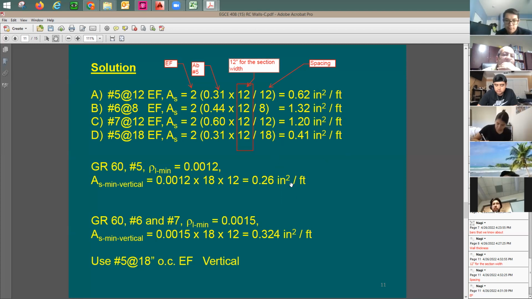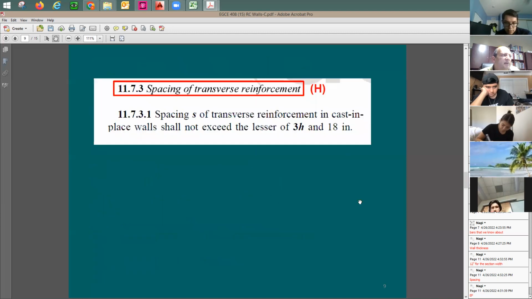Okay, let me see the minimum needed. In my case, I have number 5 rebars that I'd like to check, because number 5 is going to be my first option. I didn't want to start with number 6 or number 7. So for number 5, grade 60 for all the rebars, how much is the minimum reinforcement? It says here 0.0012. Let me go back and look at the table.